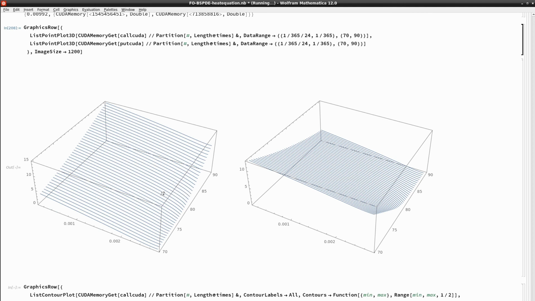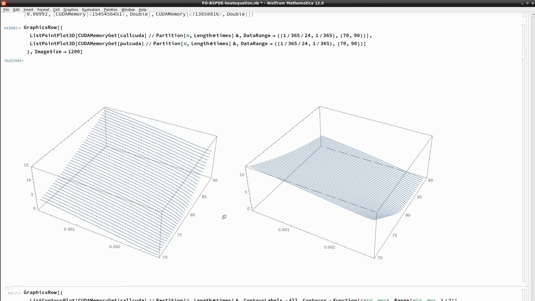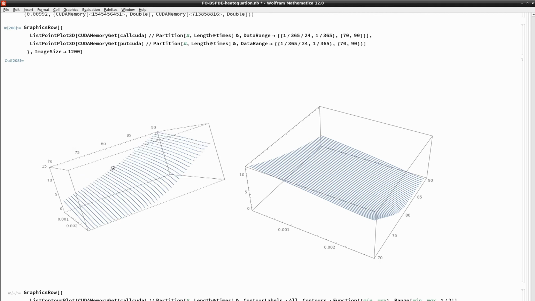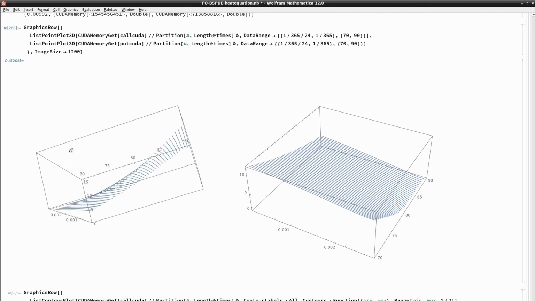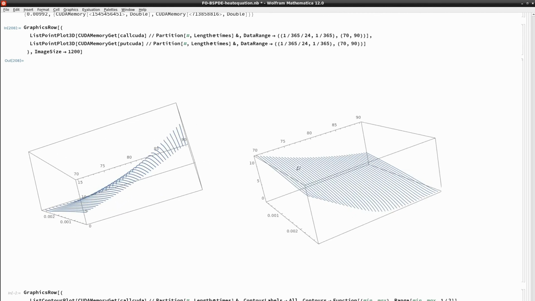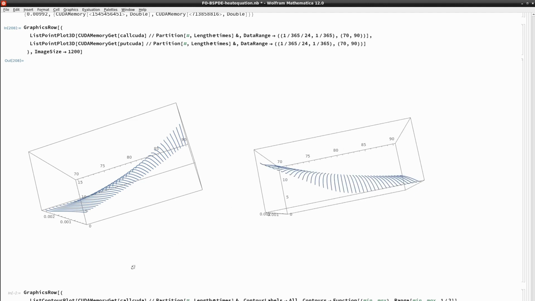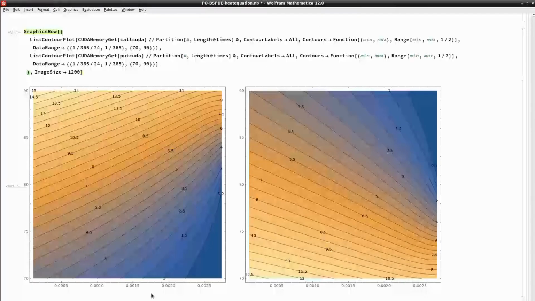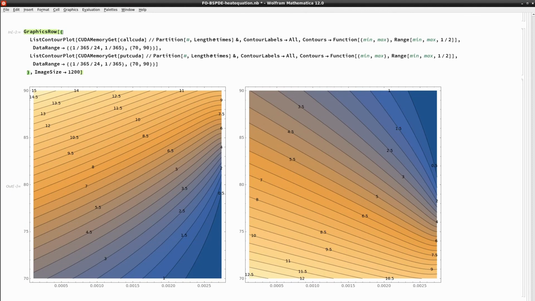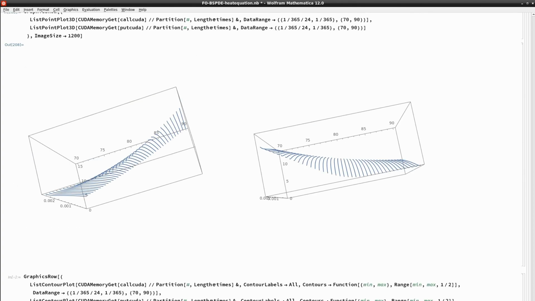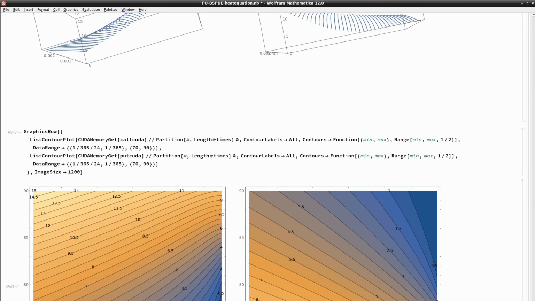So we have these meshes here in this plot, and this also gives us a good idea of how this surface behaves. And I love the contour plots. Again, they take a while to generate, so I've already done this. The contour plots also tell us quite a lot about how these surfaces behave.